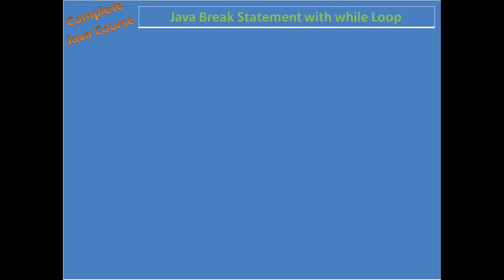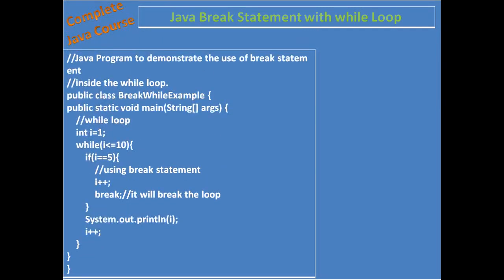Now Java break statement with while loop. So friends, this is the example of the break statement with the while loop. Here also we can use the break statement. When we use the break statement in the while loop, the control will come out of the while loop. It will break the loop.